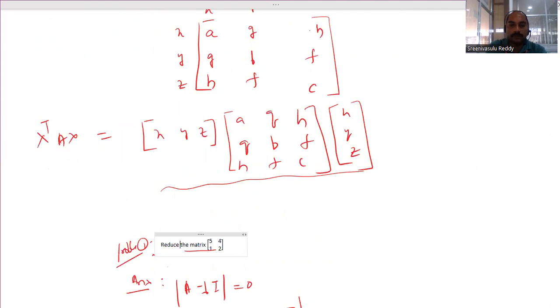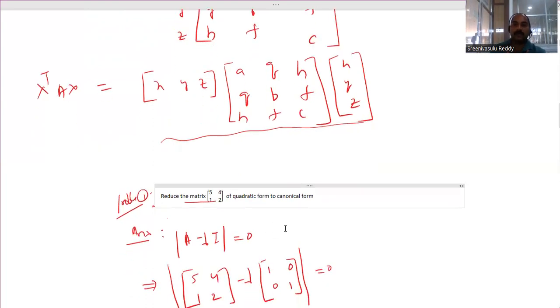Reduce the matrix of quadratic form to canonical form.